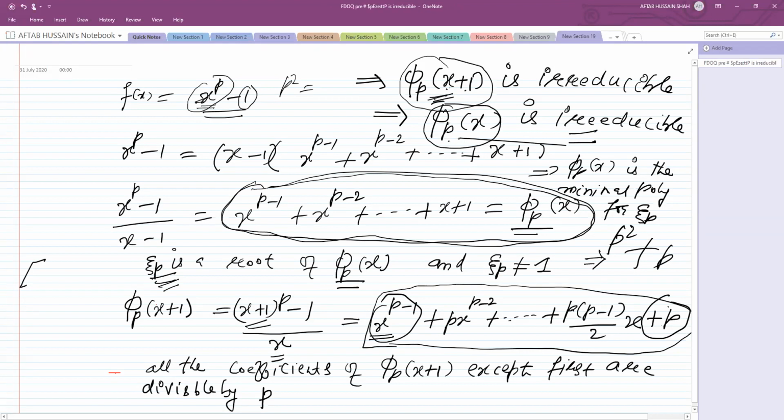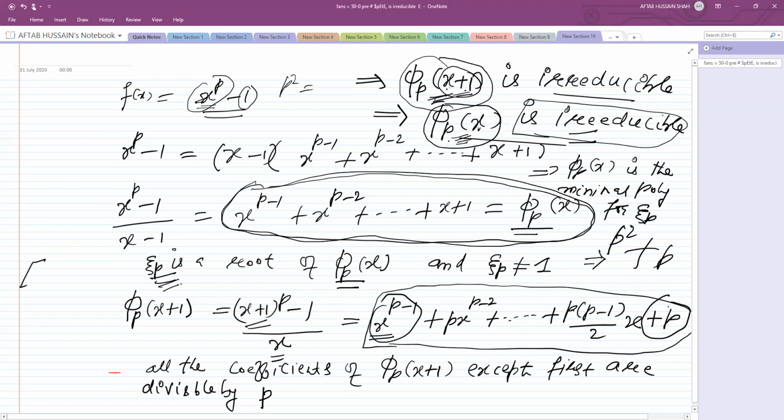Because if the original polynomial were reducible, then any factor of it would give a factor of this polynomial simply by replacing x by x plus 1. So phi p of x plus 1 is irreducible, which implies phi p of x is irreducible. Is it clear now?